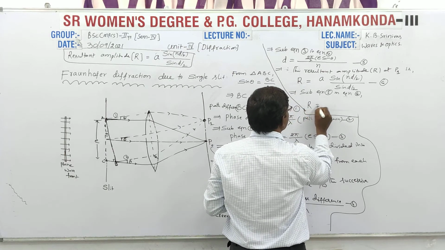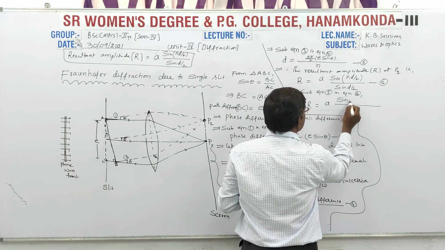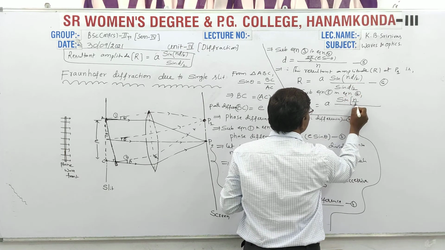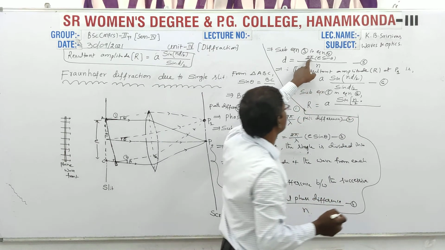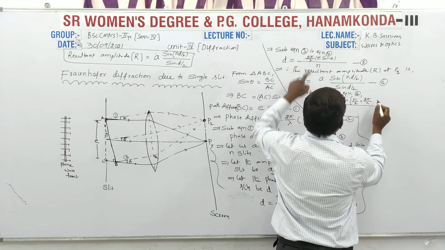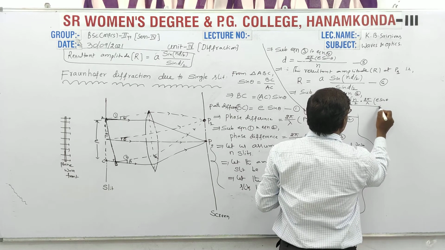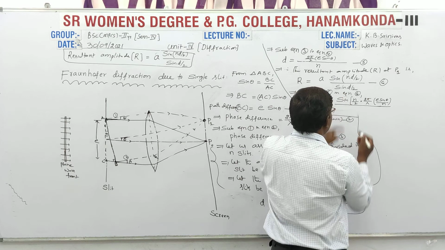R is equal to A into sin of small n by 2 into, what is the d value here? This one, 2 pi by lambda e sin theta, whole divided by n, whole divided by sin d by 2.